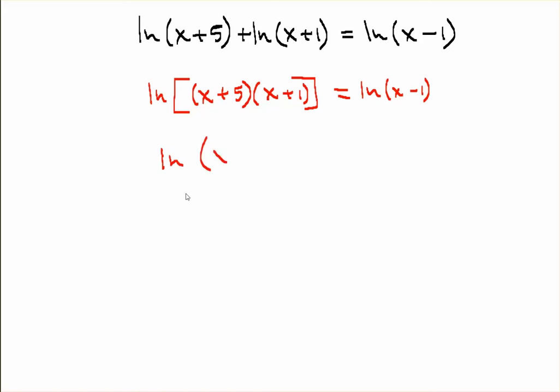All right, how about ln of, let's see, x times x is x squared, x times 1 is x, 5x, so 6x, and 5 times 1 is 5. So there's my trinomial. Everybody good there?